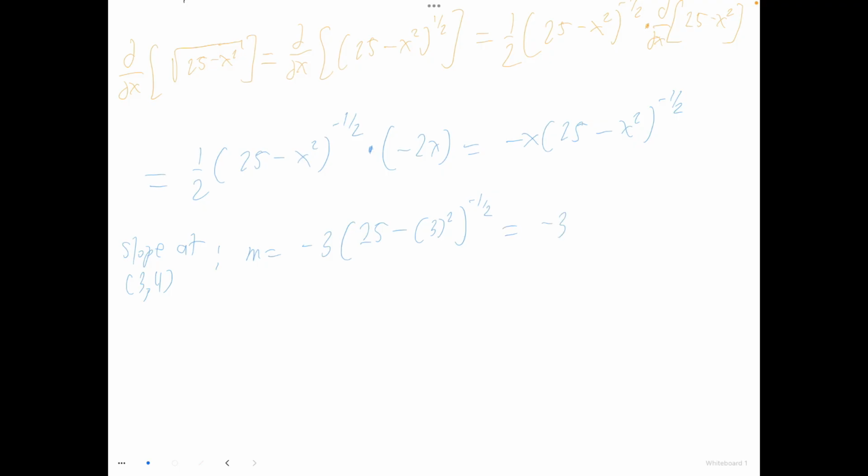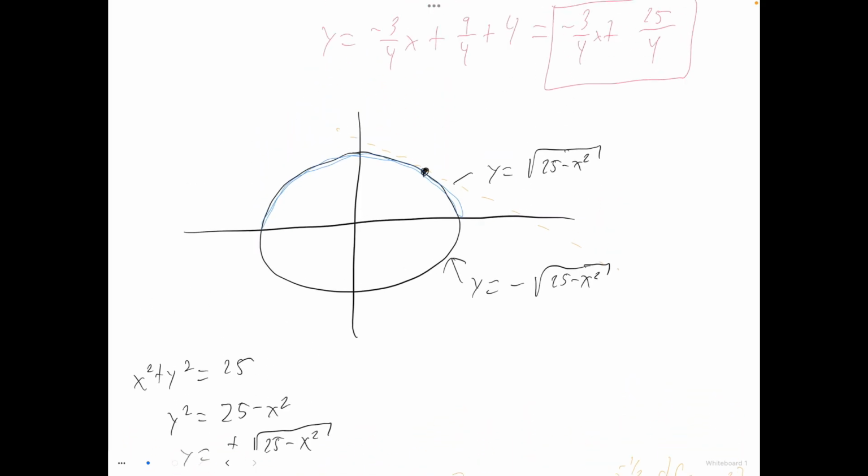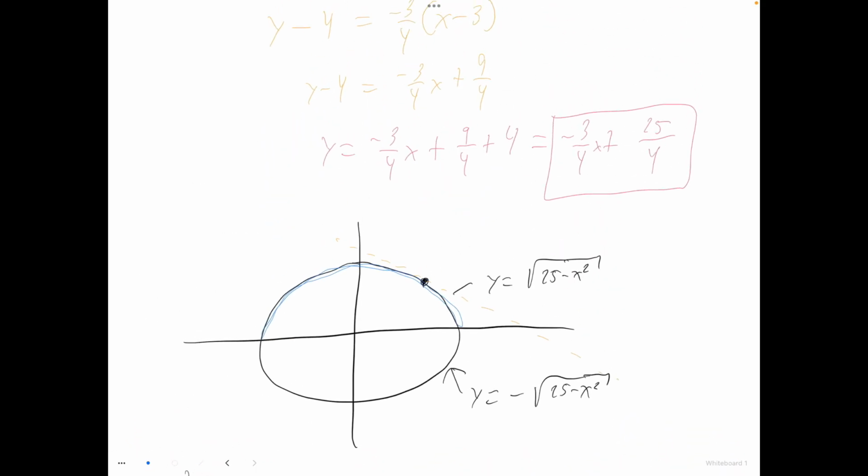So we have negative 3, and then 25 minus 9 raised to the negative 1/2. So negative 3 times 16 to the minus 1/2, which equals negative 3 over the square root of 16, which is negative 3/4. And so notice we got the same slope that we did before. And so we would end up with the same tangent line then.